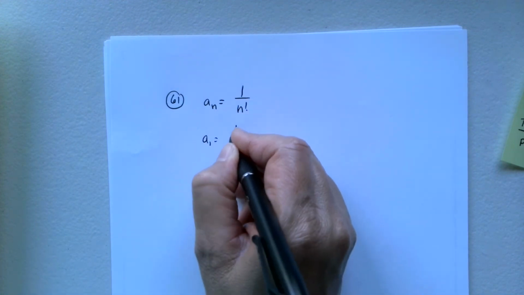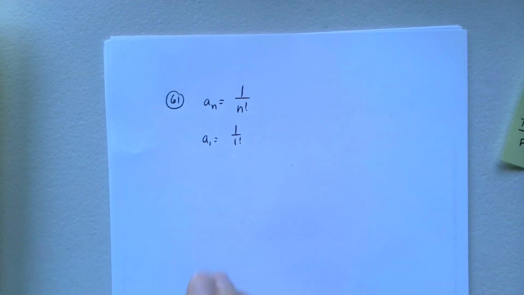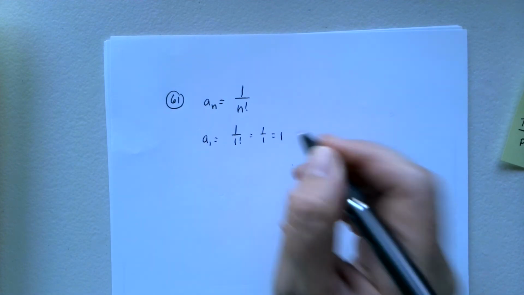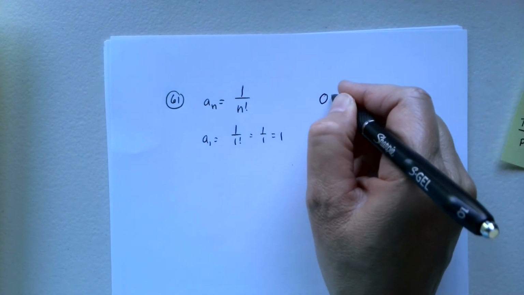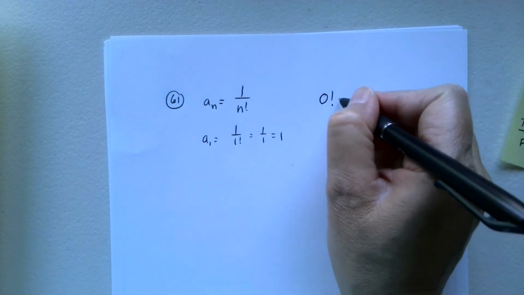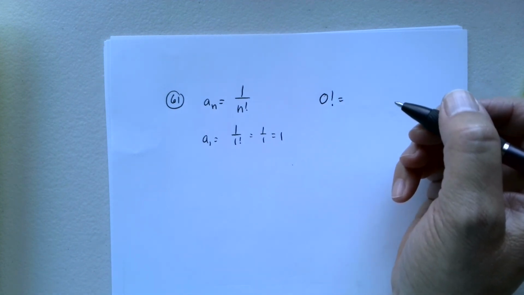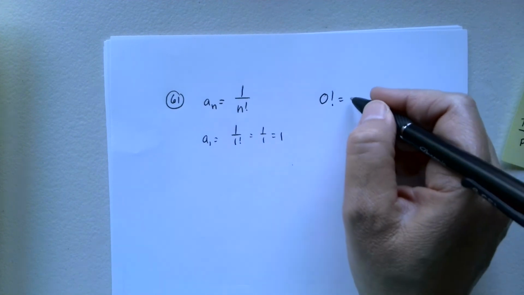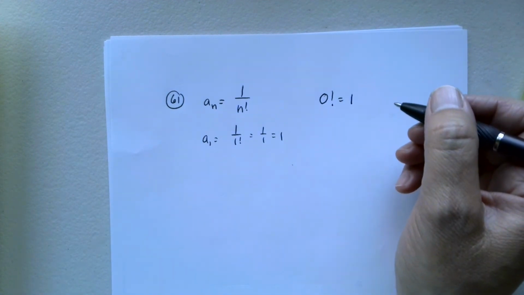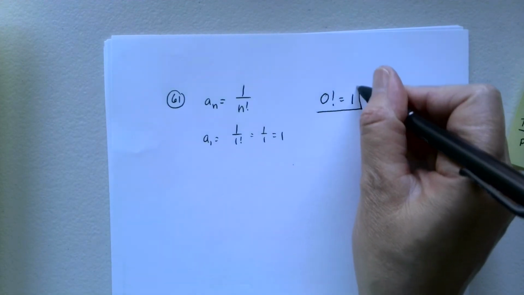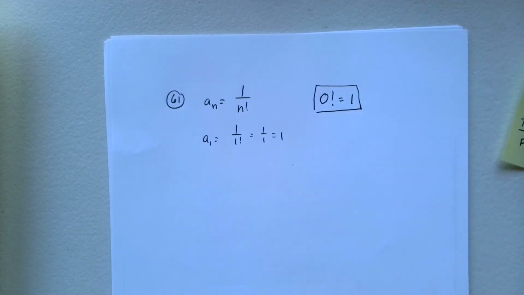The first term would be 1 over 1 factorial. That would be 1 over 1, which is 1. Oh, and I forgot, very important. Whoever invented factorials decided that 0 factorial is equal to 1. I don't know why, but you need to know that 0 factorial is equal to 1. And that may help you with some of those sequence problems from yesterday.